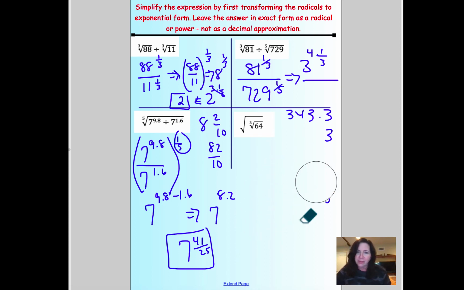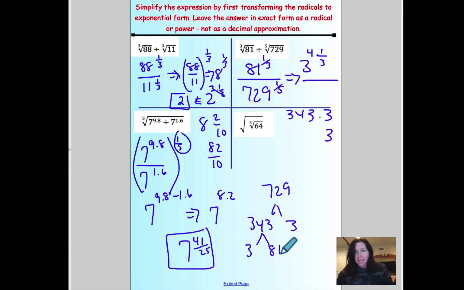So 729 breaks down to 243 times 3, and 243 is 3 times 81. 81 is 3 to the 4th power. So 4, 5, 6. That's going to be 3 to the 6th power. So 3 to the 6th power, to the 1/5.